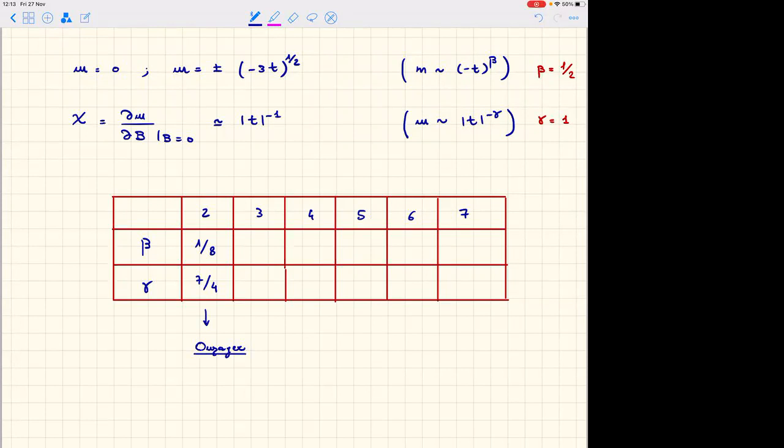In 3 dimensions, there is no known solution, which means that you cannot write down the partition function analytically without doing approximations. So the critical exponents for the 3-dimensional Ising model have been computed numerically, and they are approximately this.